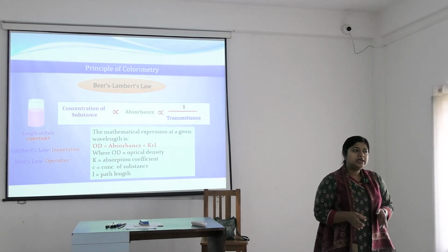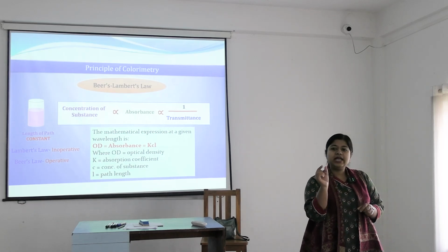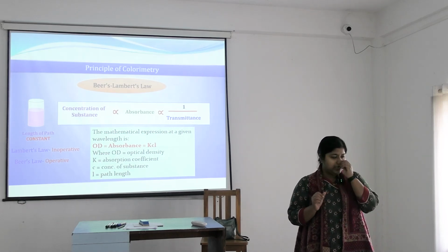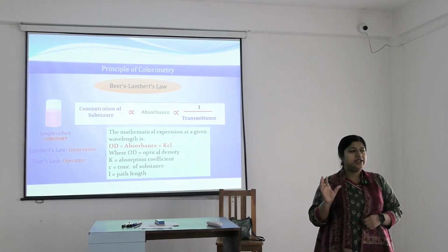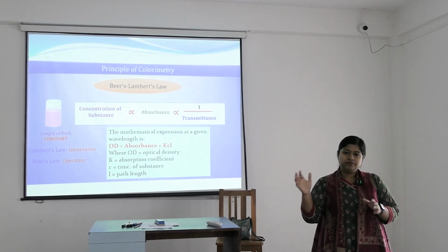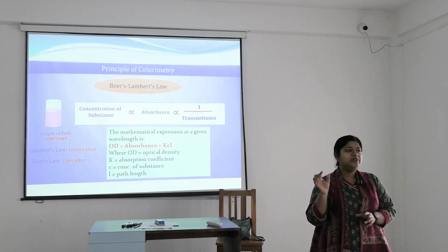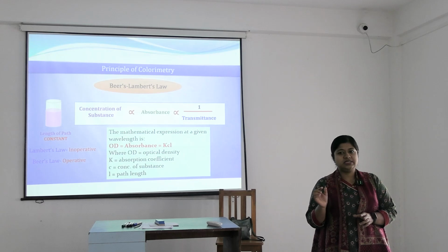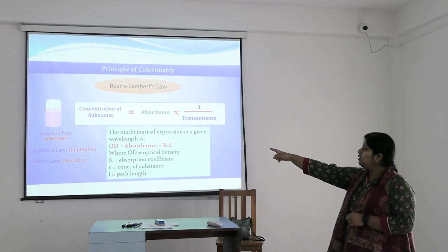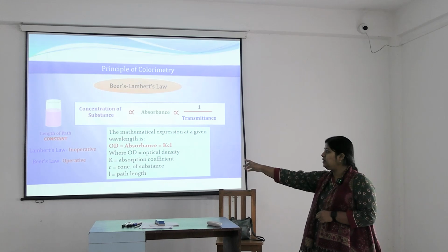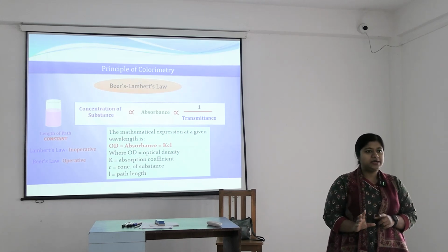Okay. So in Beer-Lambert's law, we take a fixed diameter test tube. By keeping the path length constant, we inactivate the Lambert's law, but they are a combined law. So here the path length is constant, only the Beer's law is active, but we call it Beer-Lambert's law.